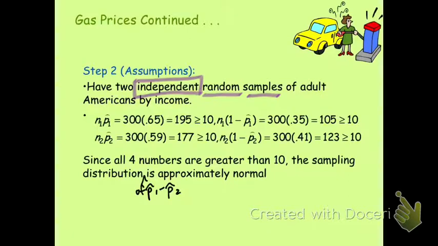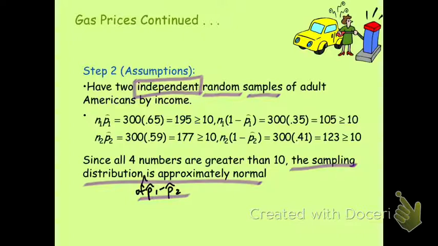Okay, for assumptions, you have 2 independent random samples. Then you're checking the 4 equations. And you should say the sampling distribution of P hat 1 minus P hat 2 is approximately normal. That is for assumptions.